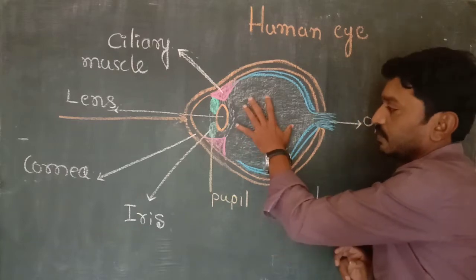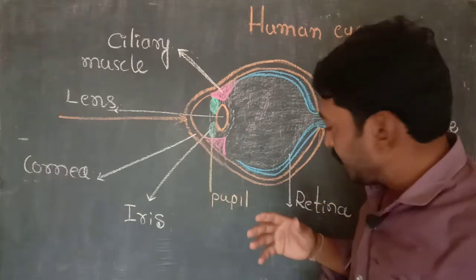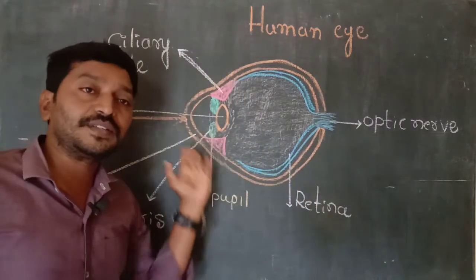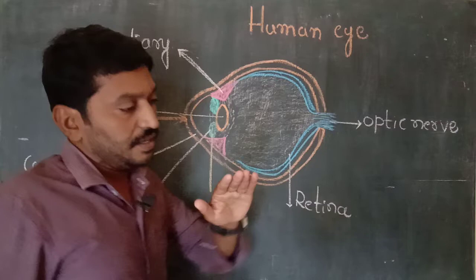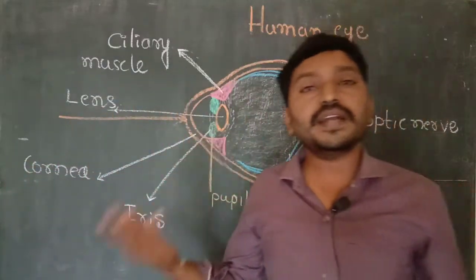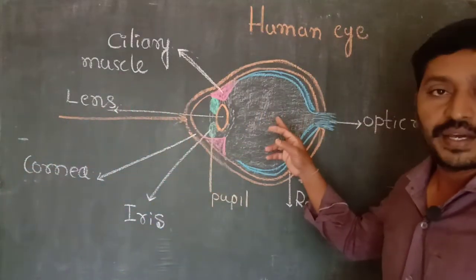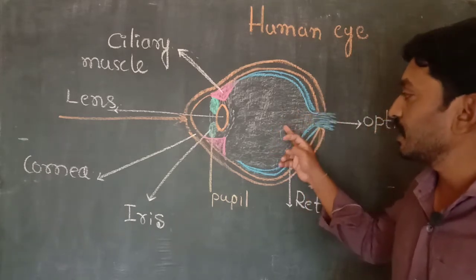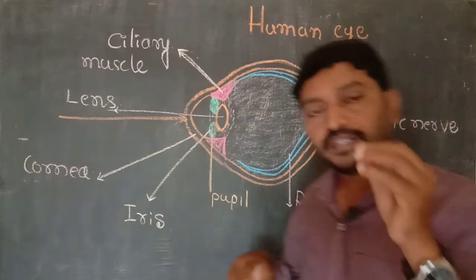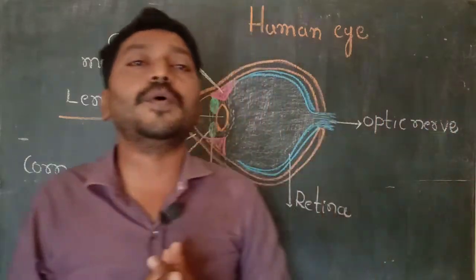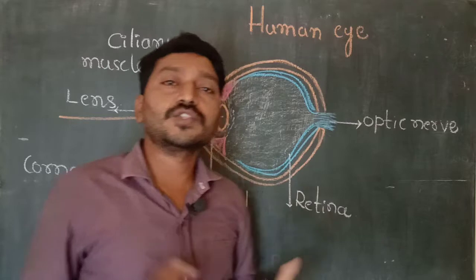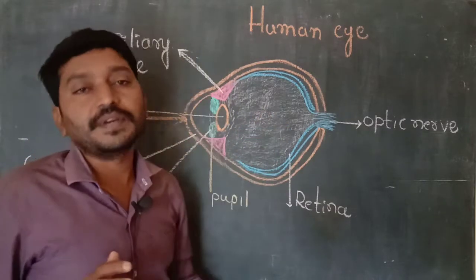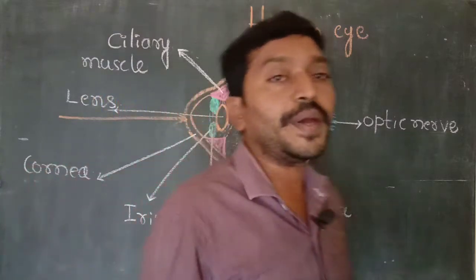When the light ray falls on the convex lens, after the refraction, the refracted ray falls on the retina, the sensitive part of the eye. After the refraction, the refracted rays meet at a point, and then only we can get the image. So the image is formed on the retina itself. This is a very important part of the human eye, right?